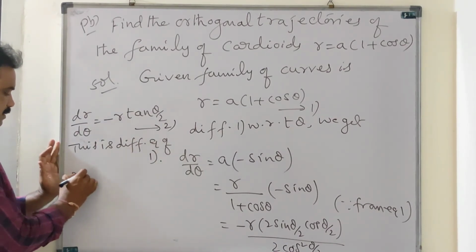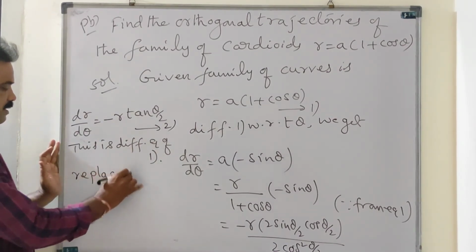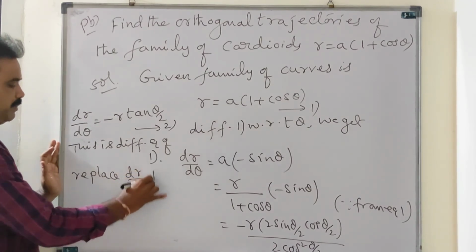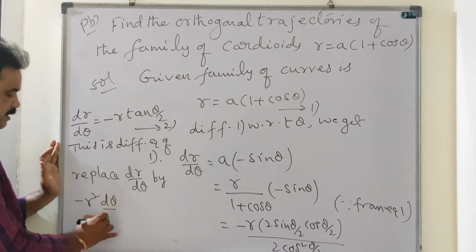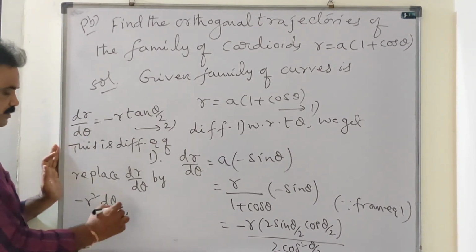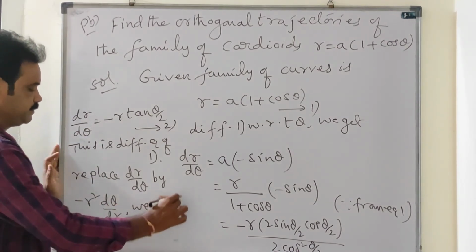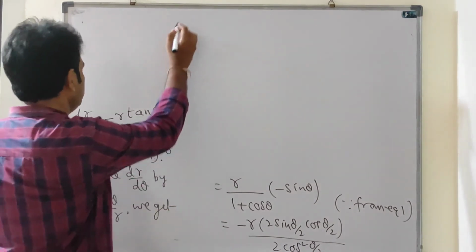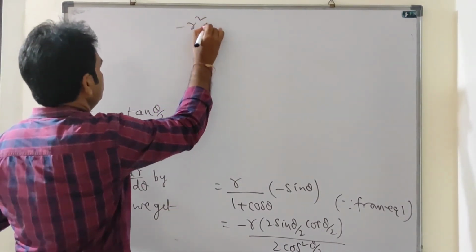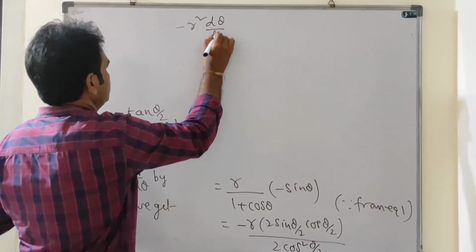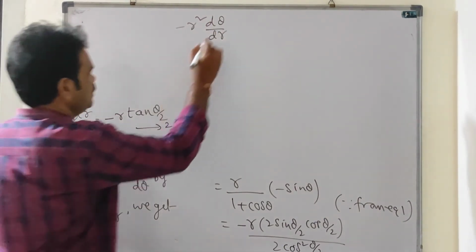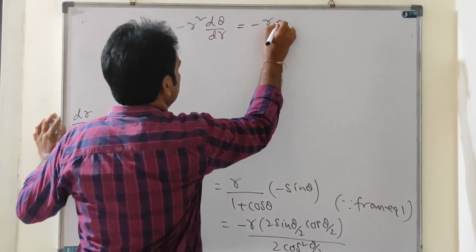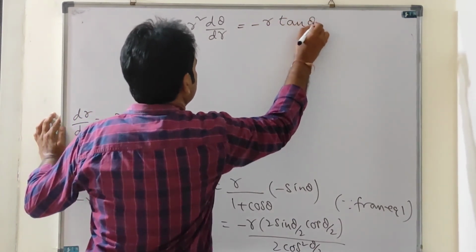Now replace dr by d theta by minus r square d theta by dr. In case of dr by d theta, write minus r square d theta by dr is equal to minus r tan theta by 2.